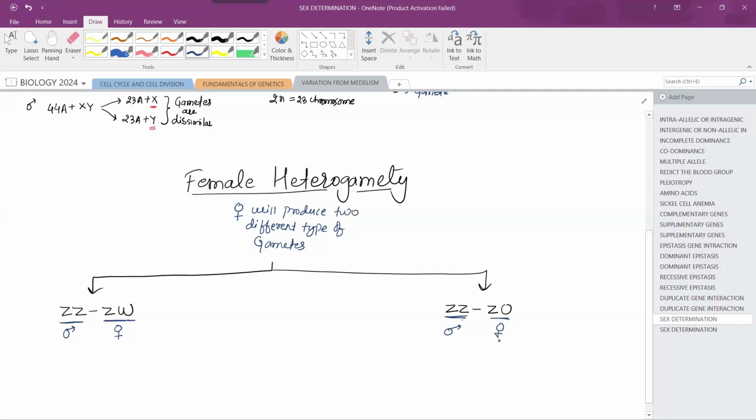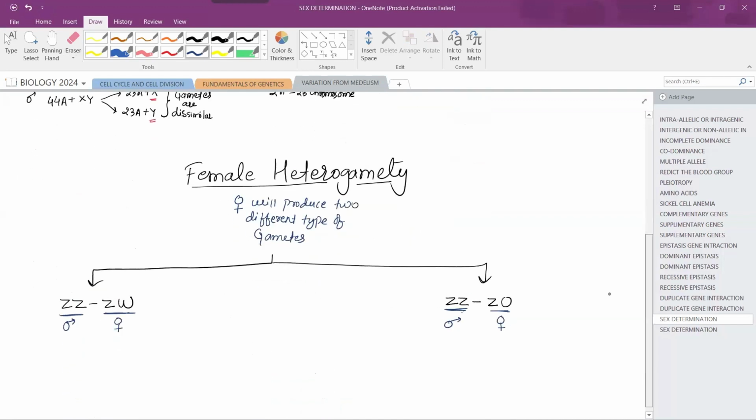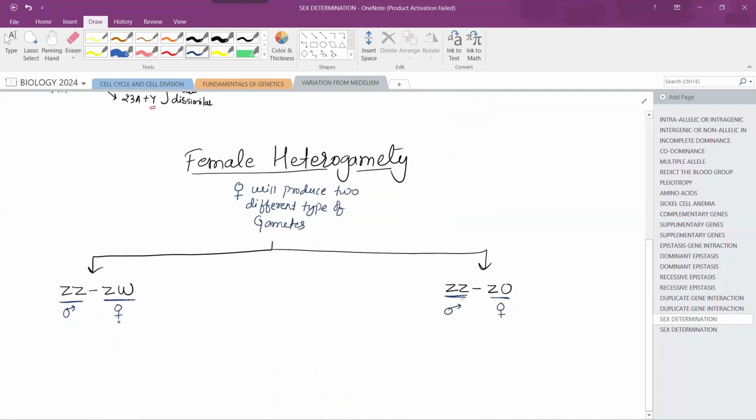So what you will see here is that female has two different types of sex chromosome. In female heterogamety, the female has two different types of sex chromosome.